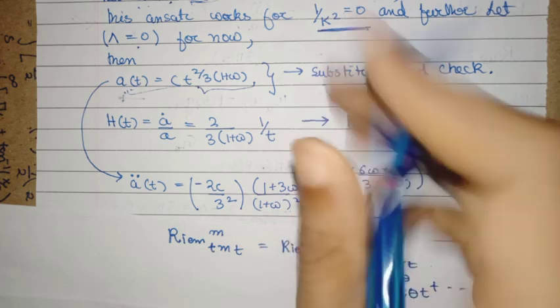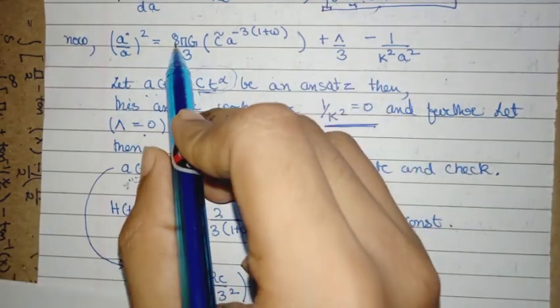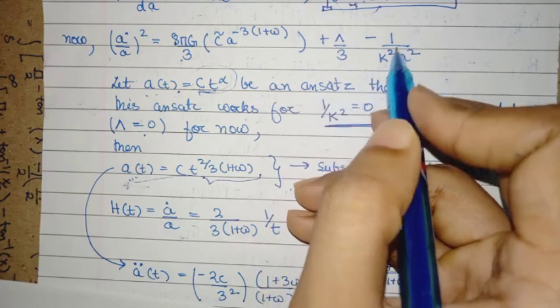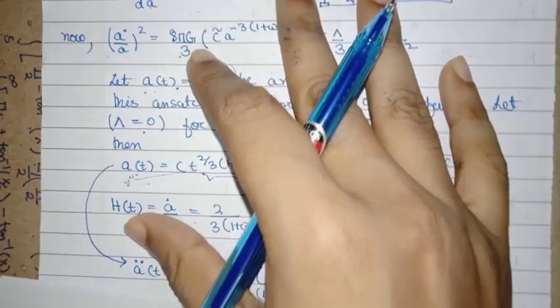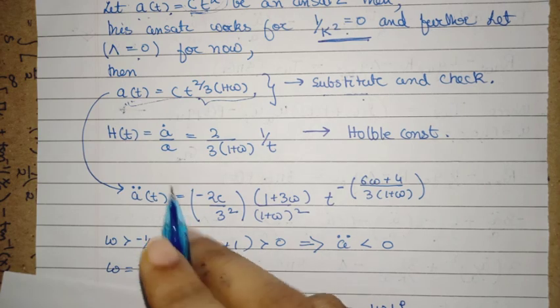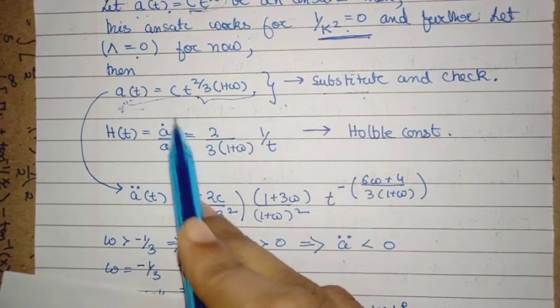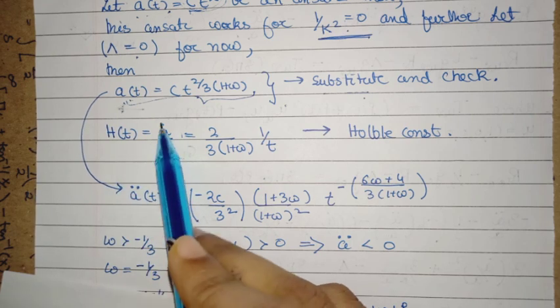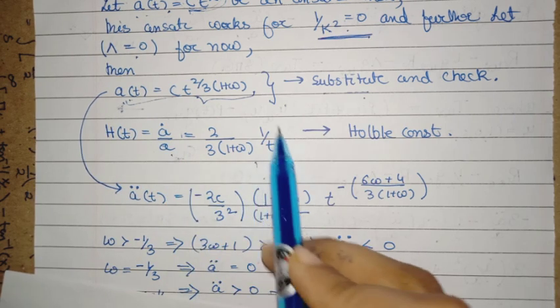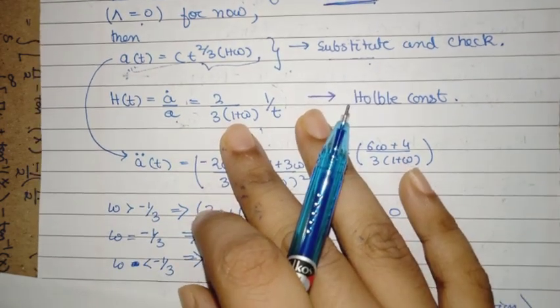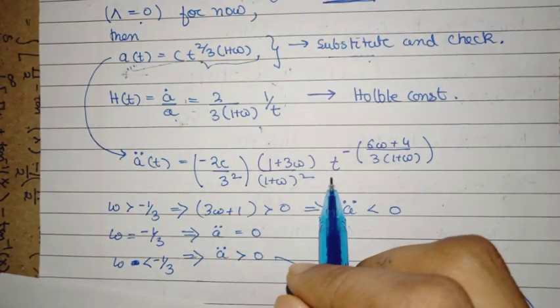You can substitute this in this equation with cosmological constant and curvature equal to 0, and see that it will satisfy. And now comes the important part. So we define this function h of t, a dot by a. This is what is Hubble constant. So the function defined in this way is the Hubble constant.